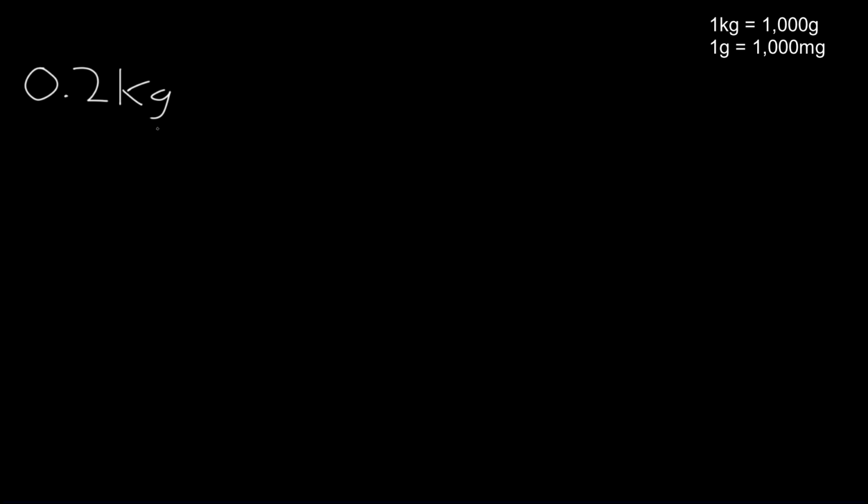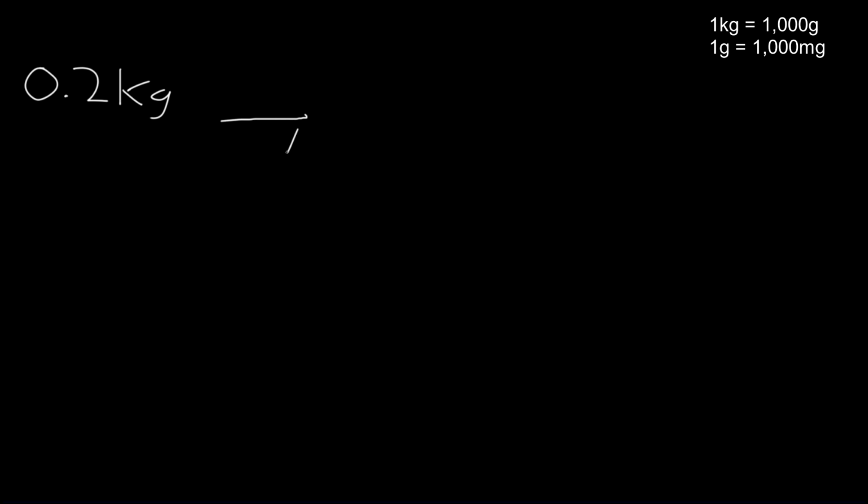I'm going to go a longer route. You can skip right from kilograms to milligrams, but we're going to go from kilograms to grams to milligrams. So first, let's start with converting kilograms to grams.